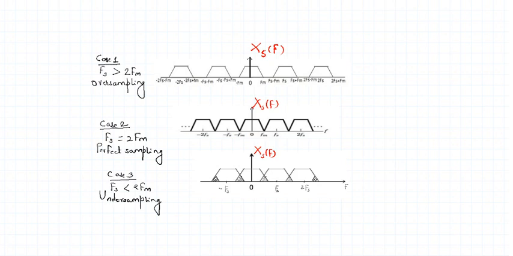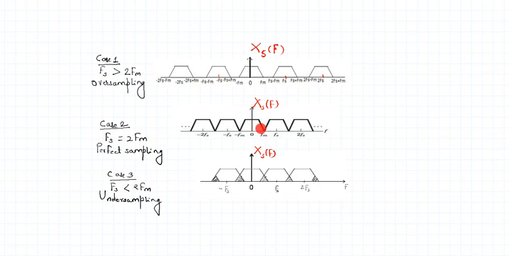Each of your repetitions, if you observe carefully, is repeating after every Fs amount of frequency here, right? If we reduce this Fs, it means that these spectrums will come closer. So for the condition when Fs is equal to twice of Fm, this is the nature of the output of the sampled signal.